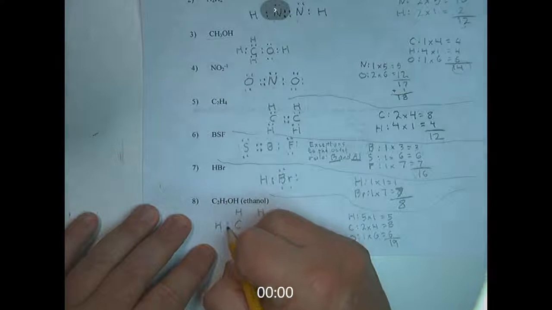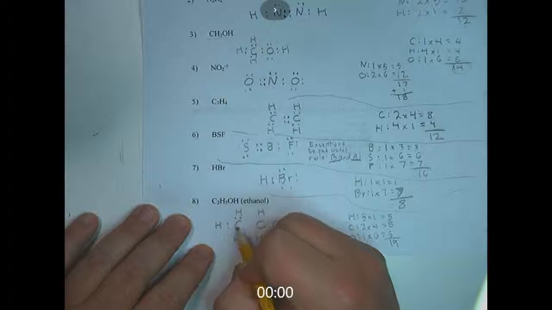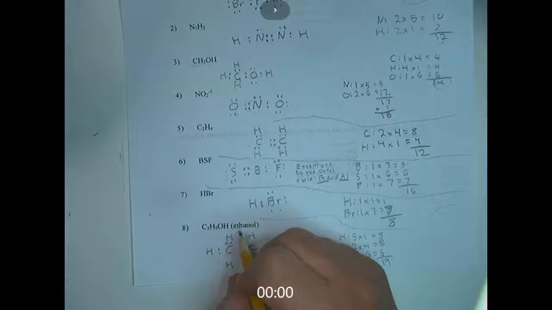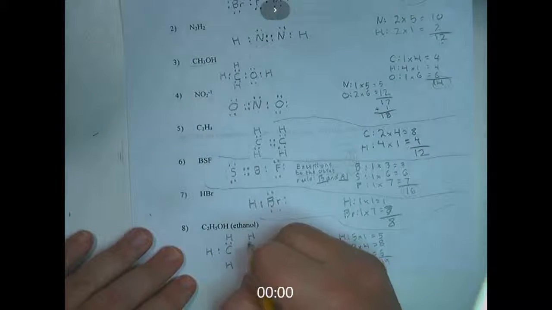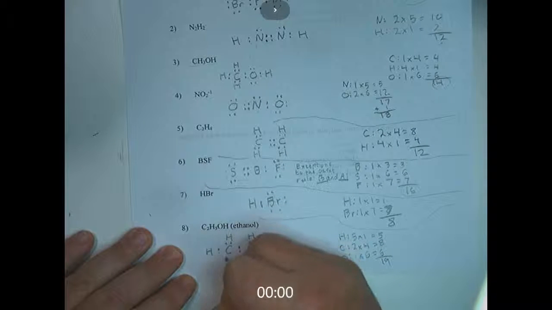Maybe, maybe not. So let's go ahead and see how it works out. So we're going to place bonds between each one. Sometimes an odd number of electrons can be problematic. It might indicate an ion, but not always.